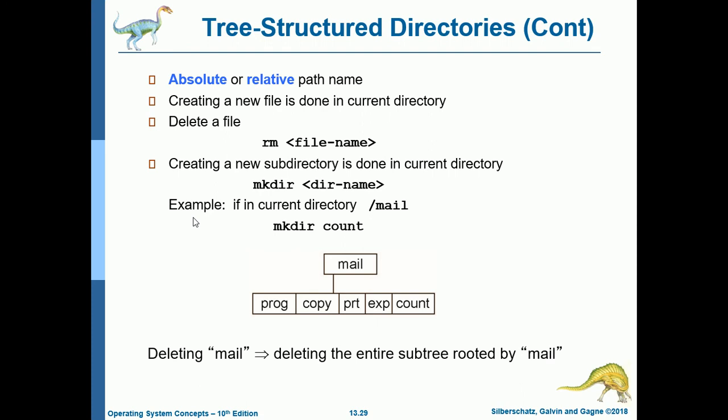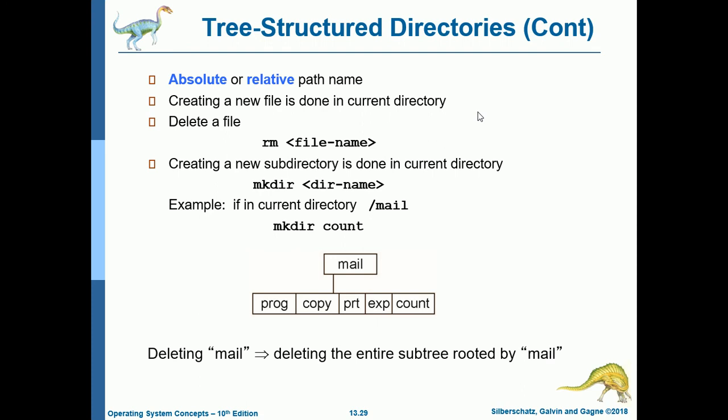For absolute, the path name starts with the root directory, while the relative path name starts from the current directory. So creating a file is done in the current directory, of course. Even in Windows, if you want to create a file, it will always be done inside that directory or folder.